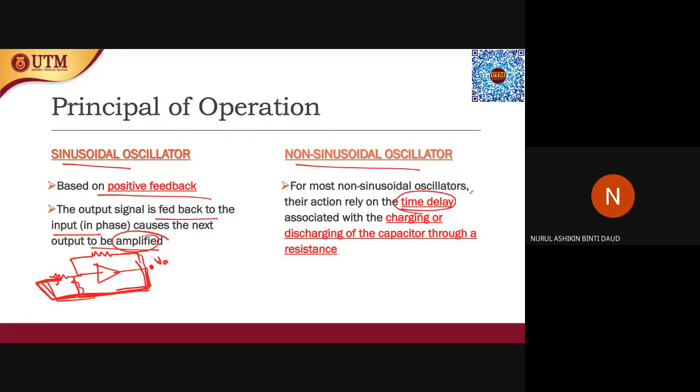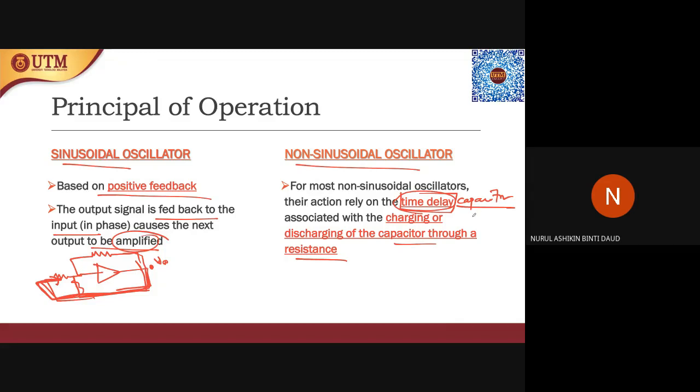Why is there a time delay? Because of the involvement of the capacitor, with the charging or discharging of the capacitor through a resistance. So it depends on how the capacitor works: how fast the capacitor can charge and how fast it can discharge.